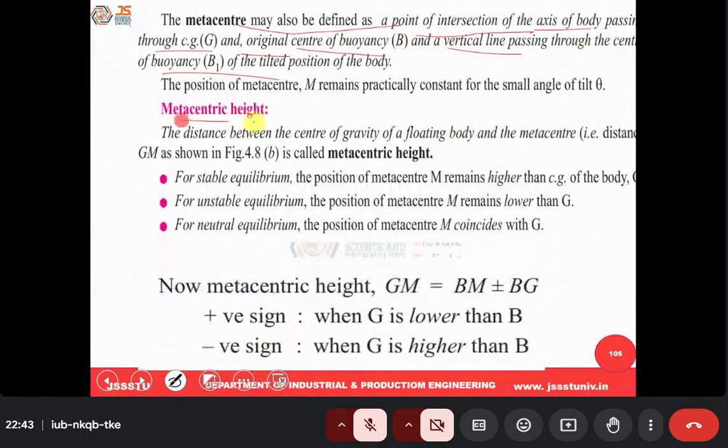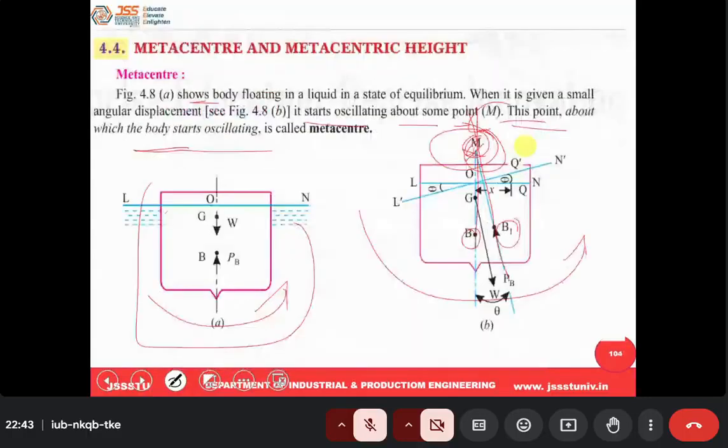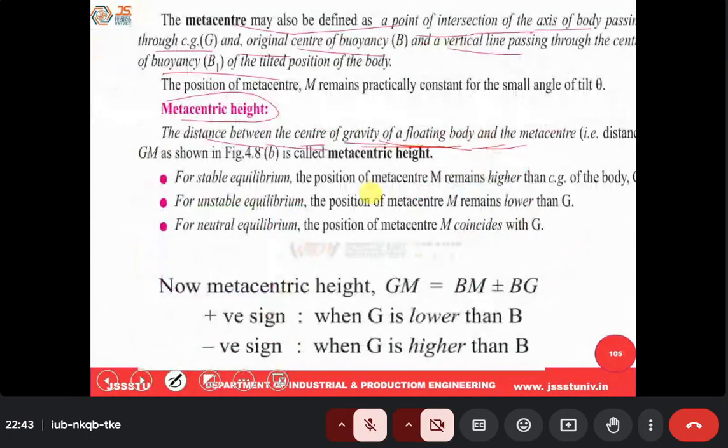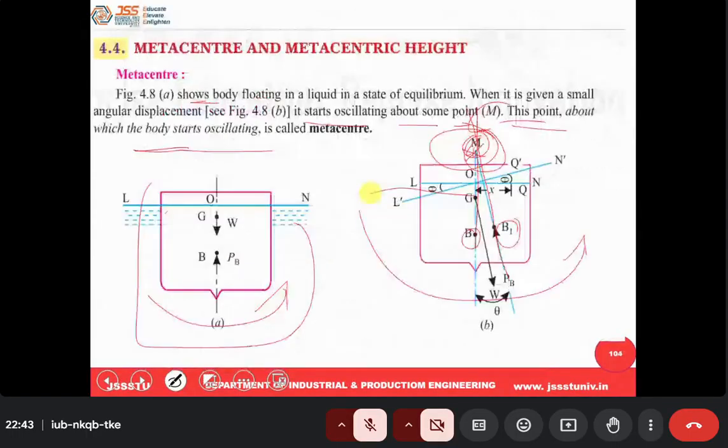ನೆಕ್ಸ್ಟ್ ಮೆಟಾಸೆಂಟ್ರಿಕ್ ಹೈಟ್ ಅಂದ್ರೆ ಏನು ಅಂದ್ರೆ the distance between the center of gravity of a floating body and the meta center. I will repeat, the distance between the center of gravity and the meta center. Center gravity ಅಂದ್ರೆ ಇಲ್ಲಿ G, ಇಲ್ಲಿಂದ ಎಲ್ಲಿವರೆಗಿರೋದು ಹೈಟು ಮೆಟಾ ಸೆಂಟರ್. ಮೆಟಾ ಸೆಂಟರ್ ಅಂದ್ರೆ ಇಲ್ಲಿ M, ಅಂದ್ರೆ G to M ಇರೋ ಡಿಸ್ಟೆನ್ಸ್ ನ ಏನಂತ ಕರಿತೀವಿ?